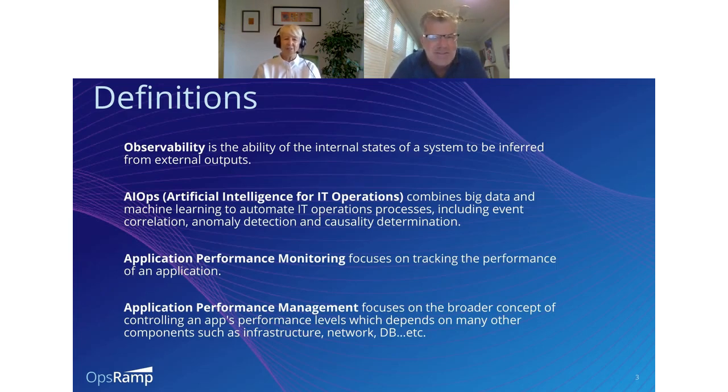So let's look at definitions, because I think that's the first myth to bust with our audience. When we think about observability, this is the textbook standard definition: the ability of the internal states of systems to be inferred from external outputs. What that really means is we are looking at the unknown unknowns, meaning that a system in an observable state will provide us with information and insights which we might not have known.